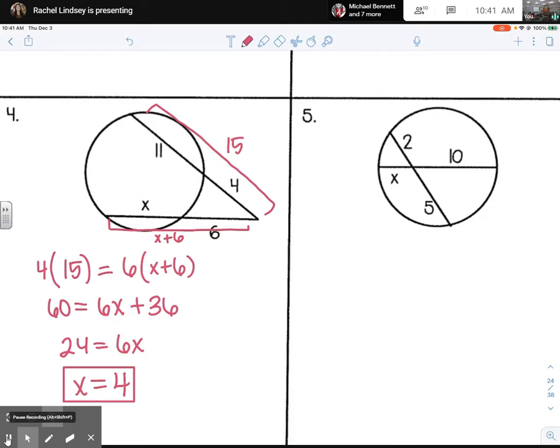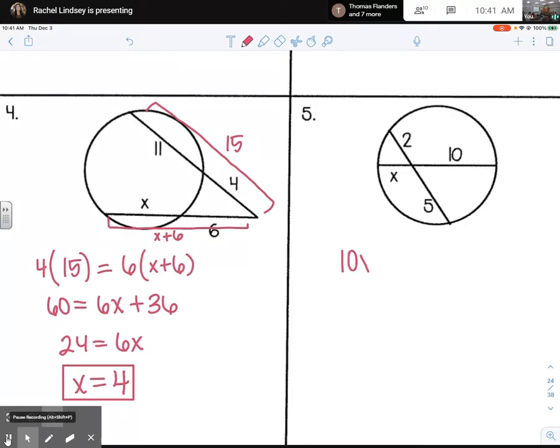Okay, on the next one, part times part equals part times part. So x times 10 is 10x. What's 2 times 5? 10. What's 10 divided by 10? 1.